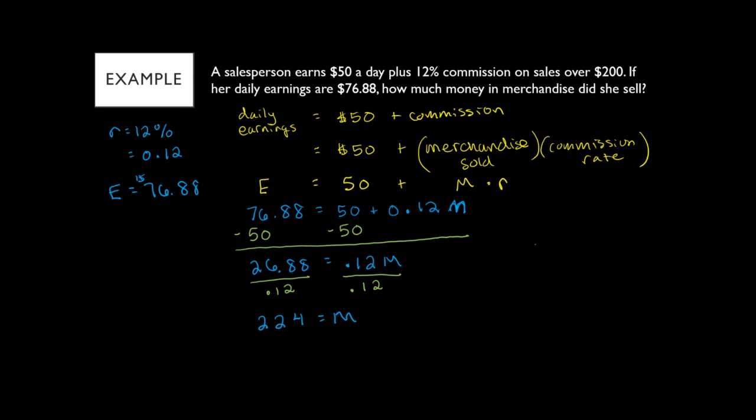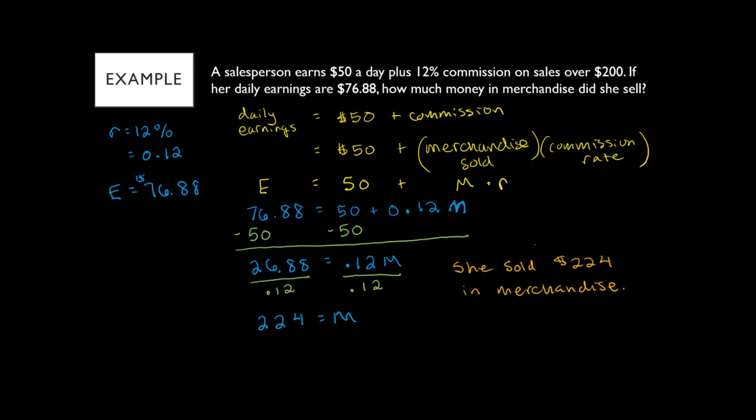The question says, how much money in merchandise did she sell? She sold $224. And so we'd want to then summarize that up. You would say she sold $224 in merchandise, just to put that number in context so that you know what that means.